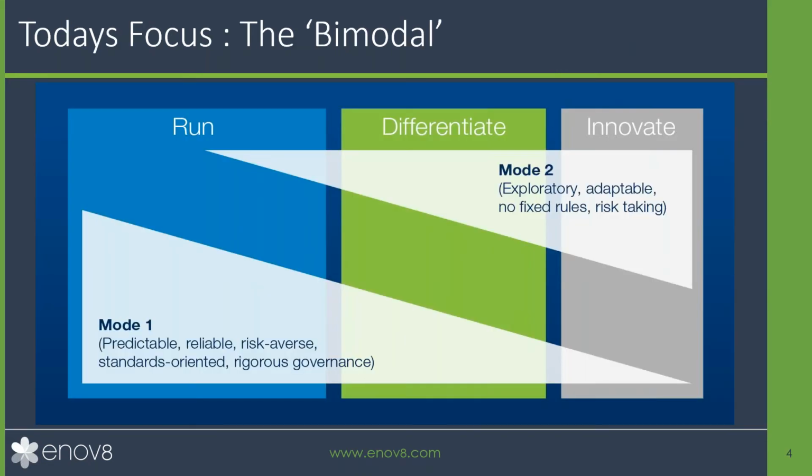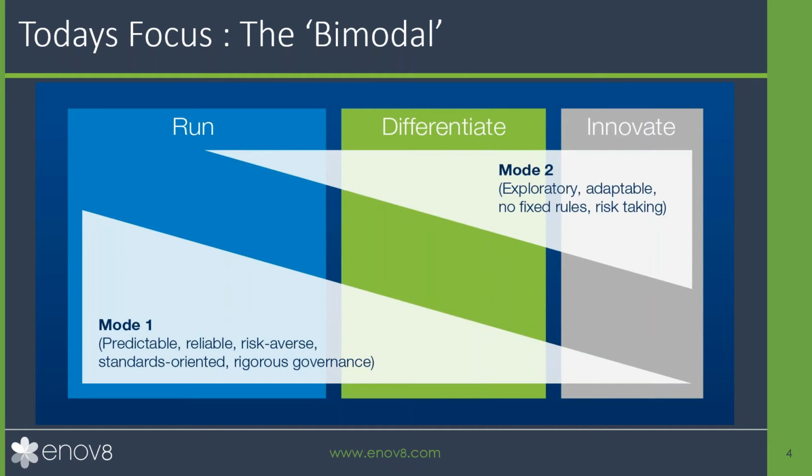Today I want to talk about the bimodal. So first of all, what is the bimodal? Well, if you're in IT, you've probably heard the term bandied around by the likes of Gartner. But simply put, Gartner describes it as the practice of managing 2 separate but coherent styles of work.